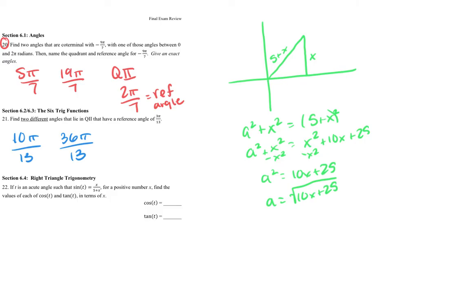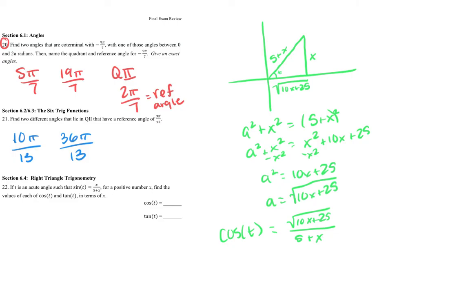So now we know that this side is the square root of 10x plus 25, and so now cosine is going to be adjacent over hypotenuse. So cosine of t, this is our angle t, is going to be the adjacent, the square root of 10x plus 25, over the hypotenuse, 5 plus x. Great.